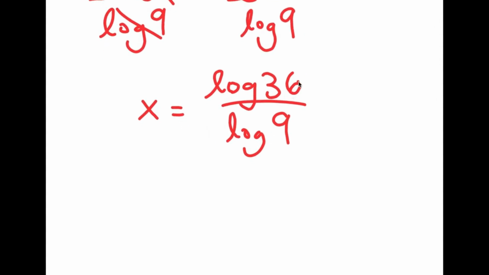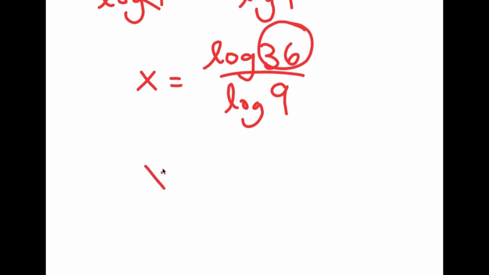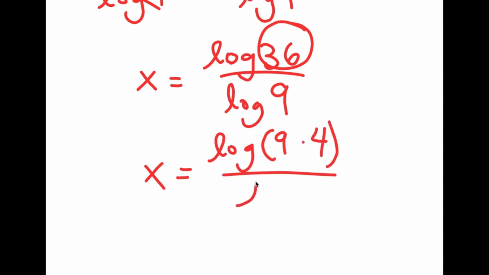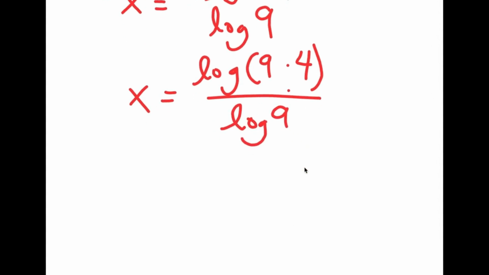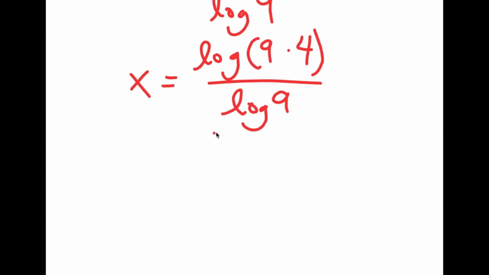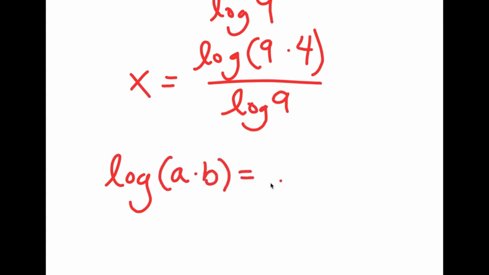Now we want to simplify this as much as we can, so I'm going to rewrite log of 36 as log of 9 times 4, and I have this over log 9. Now, there are two more logarithmic properties that you guys should know. The first one is that if I have something in the form log of a times b, this is equal to log a plus log b.